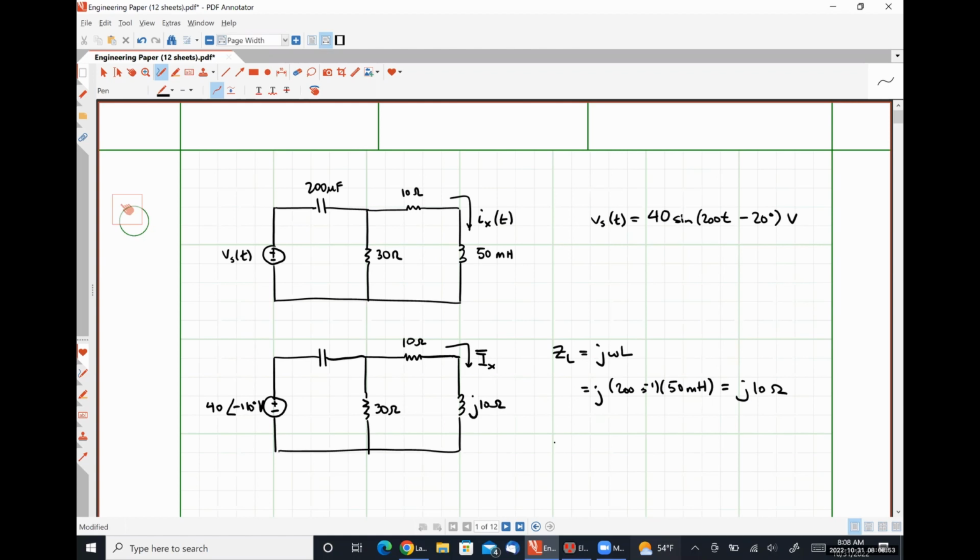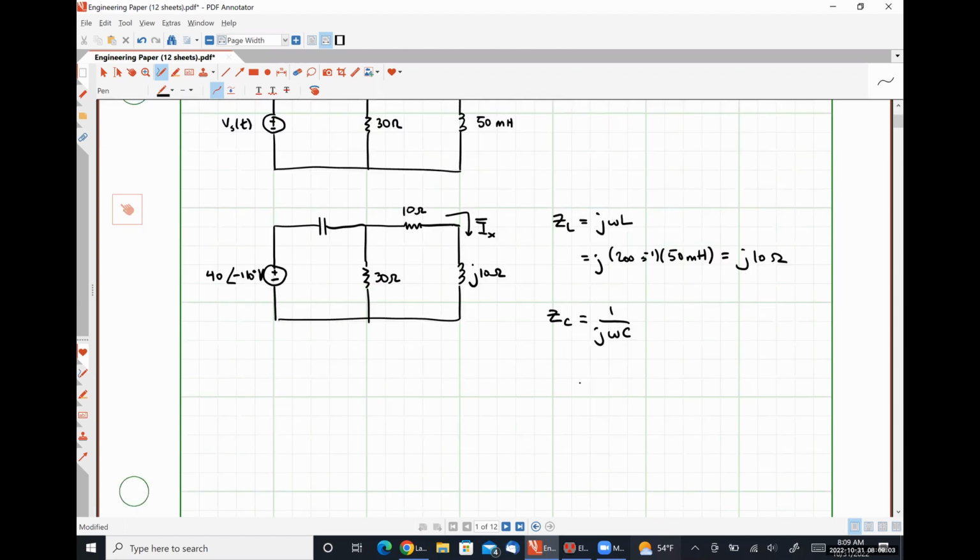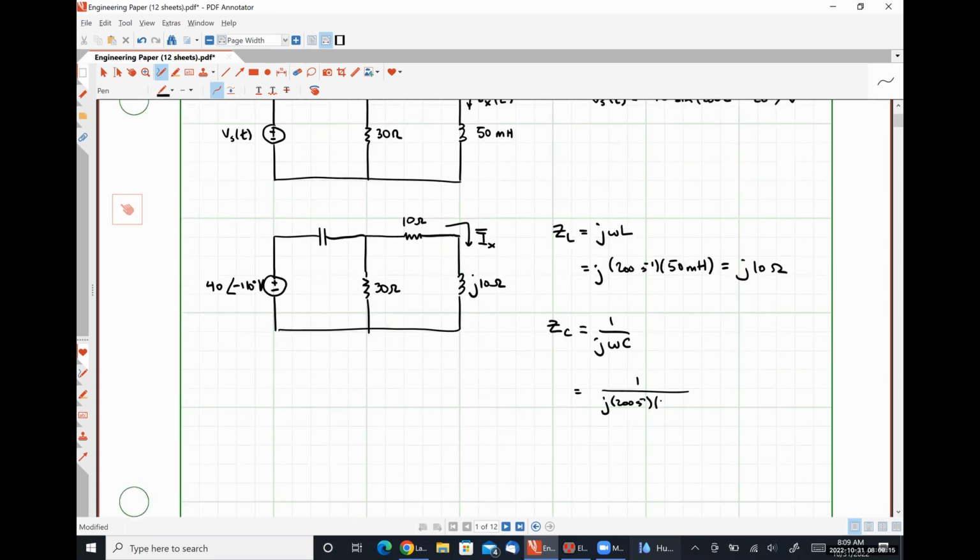For my capacitor, this is going to be 1 over j omega C. That's going to be 1 over j times 200 radians per second times C was 200 microfarads.